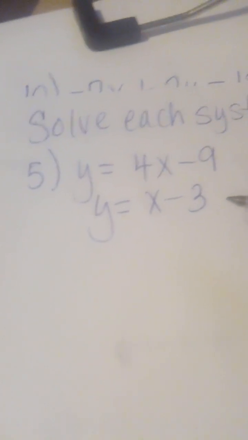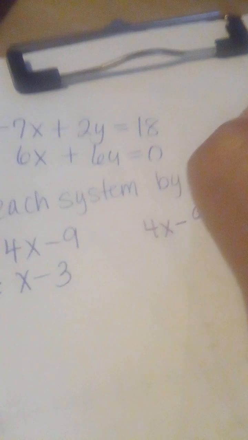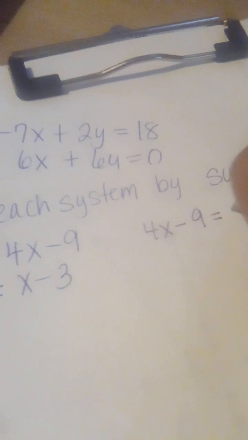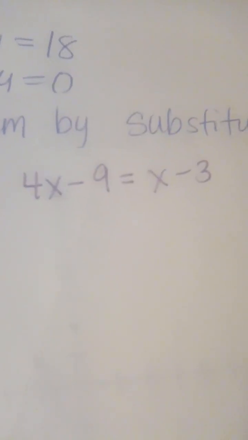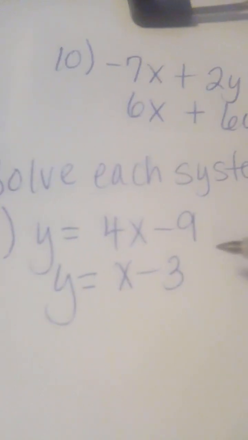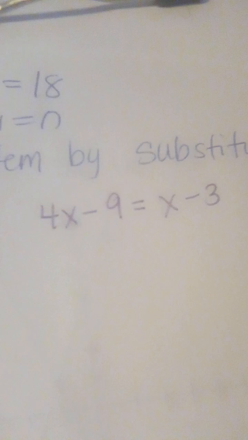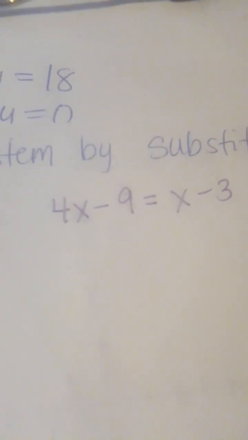We could do one thing, which is put them side by side: 4x minus 9 on one side, x minus 3 on the other side. Can you see that? So we have these two separate equations side by side. 4x minus 9 equals x minus 3. So far, so good, right?